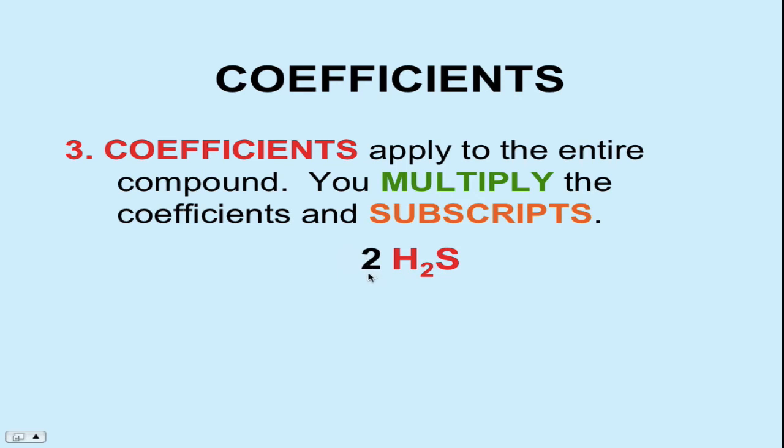So really quick, this big number right here is the coefficient, whereas this number down here, this little number 2, is the subscript. Coefficients, the big number; subscripts are the little ones.